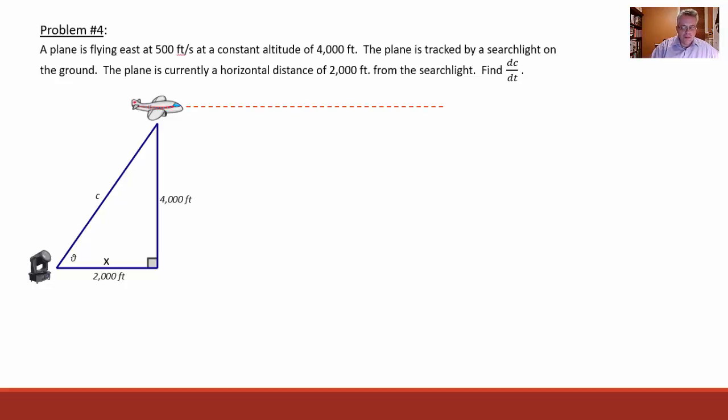Well, okay, we need the Pythagorean theorem again. So, this time x squared plus 4,000 squared equals c squared. Okay, so we're going to take the derivative. 2x dx/dt. Well, derivative of 4,000 squared is 0 equals 2c dc/dt. And kill the 2's.